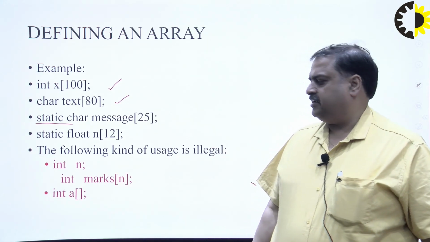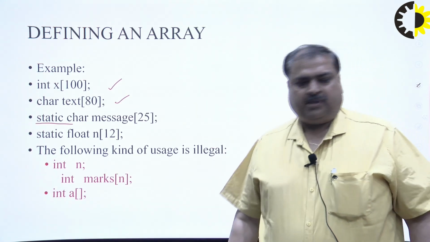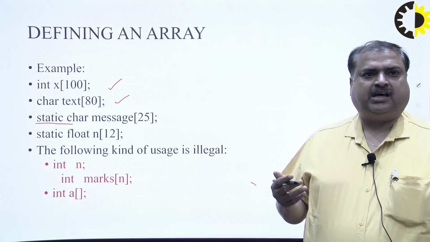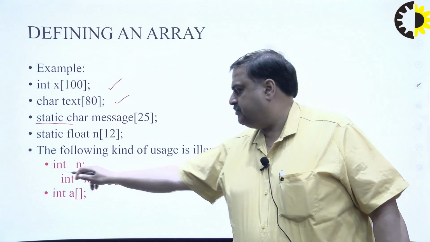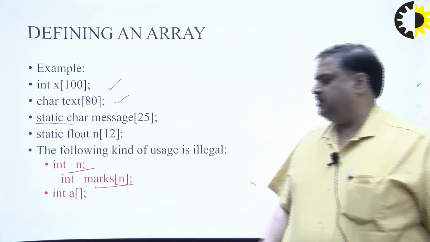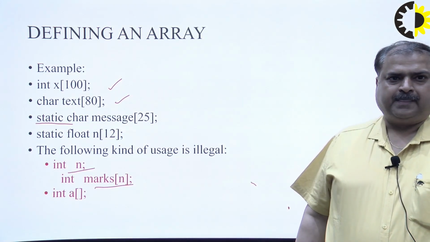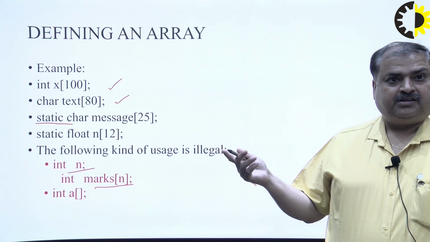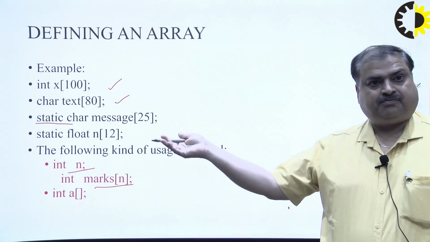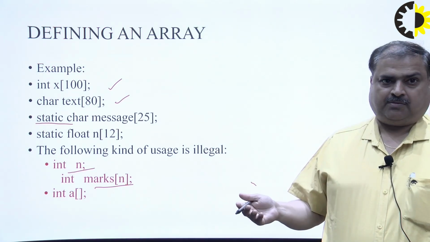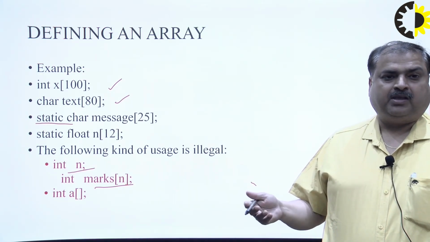So, we can declare like this, but some declarations are not legal, like I am declaring int n and then declaring marks[n]. n is not initialized yet, so what data it will have, we do not know. So, what will be the size of marks? We are not aware.